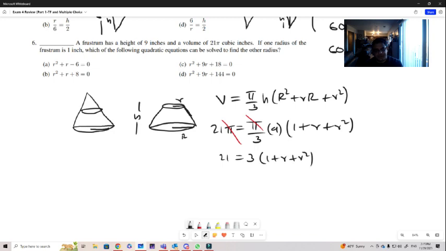And now, of course, I can divide this 21 by 3, and this is just 7, right? 7 times 3 is 21. So at the end, I can move the 7 to the other side, and this is going to be minus 7. So 1 minus 7 is minus 6. So minus 6 plus r plus r squared. So we'll take a look at this. R squared plus r minus 6. That's answer A.